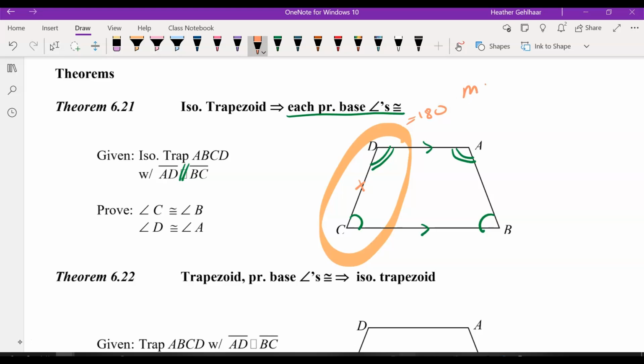So the measure of angle C plus the measure of angle D equals 180. You can also do that with the measure of angle A plus the measure of angle B equals 180.